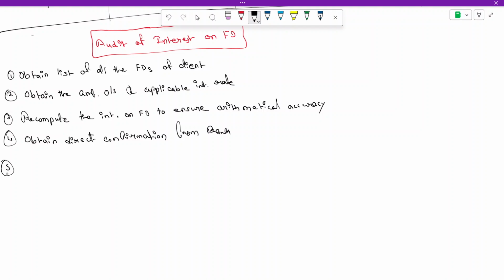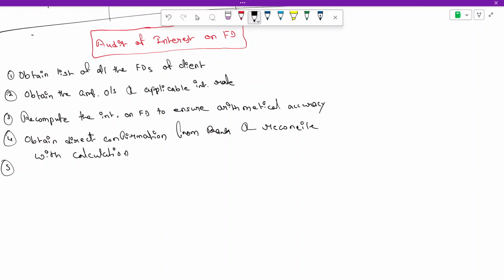Fifth will be obtain direct confirmation from bank and reconcile with calculation of the entity. Like if the bank tells the auditor that the client entity has a 50,000 balance of FD on which interest is at the rate of 6%, the interest will be 3,000 rupees.